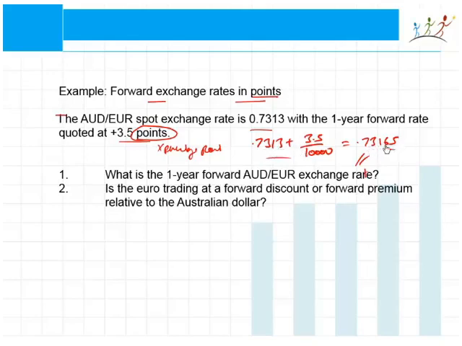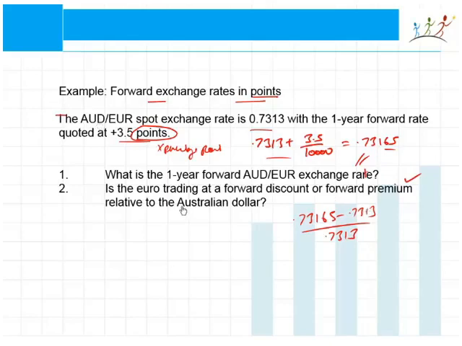So this difference or this premium is always for the denominator currency or the foreign currency. So the euro is trading at a forward premium, and a premium of how much you can calculate: 0.73165 minus 0.7313 divided by 0.7313. It is the same as calculating the percentage change that I explained earlier.